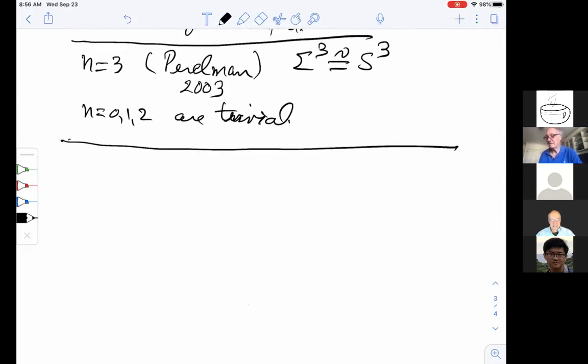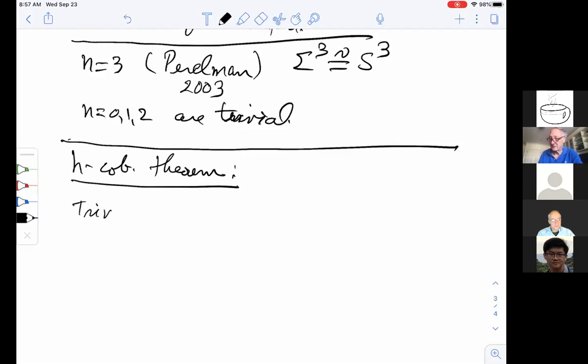Now let's switch back from studying these special manifolds, the spheres, to the general question about the H-cobordism theorem. What is its status? Well, it's, again, trivial for n equals 0, 1, and 2. For n equals 3, it's equivalent to Perelman's result, so it holds.